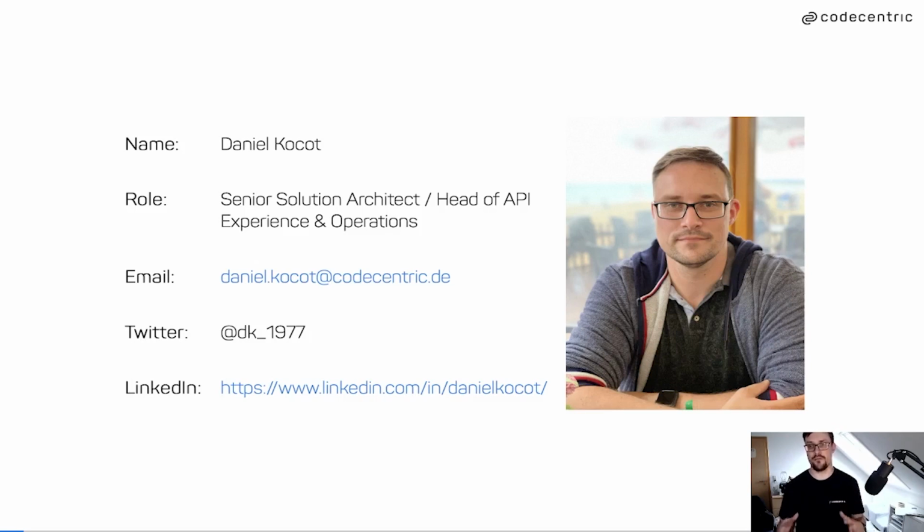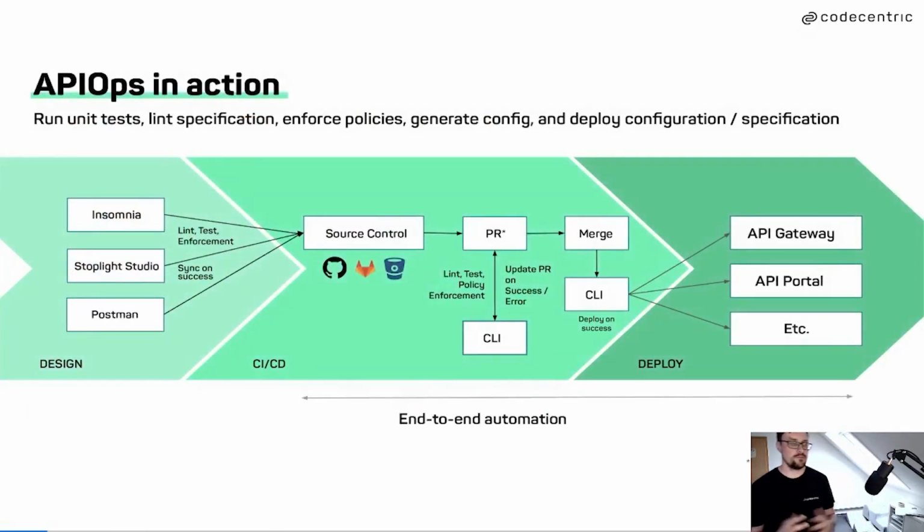What are the things that might be important to us? For that we have this little small diagram which shows API ops in action. We see that we have 4 phases actually.